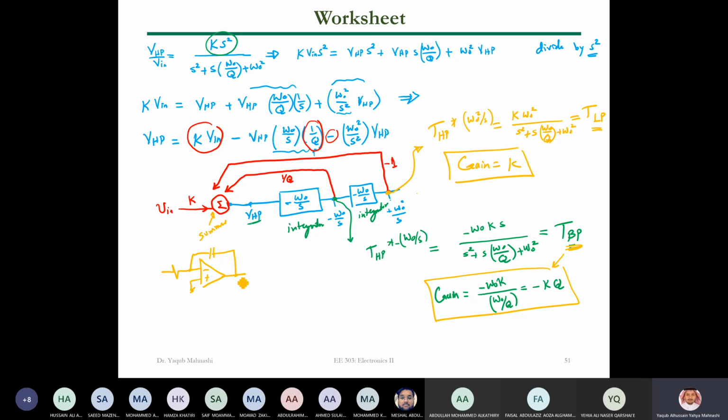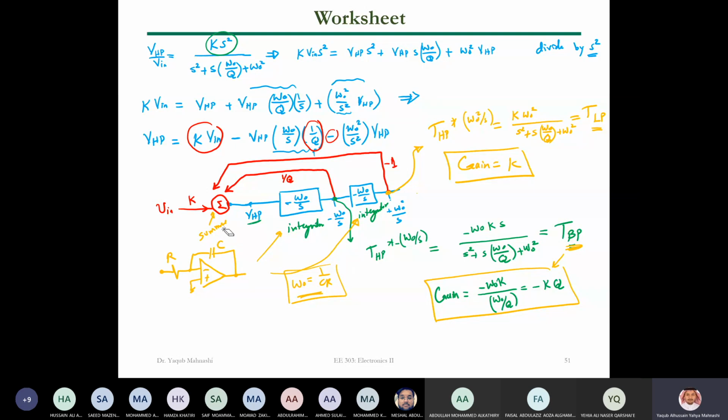And this is CR. If you are applying this in the integrator, this is one and this is second, and you want to use CR for your omega, so omega naught will be 1 over CR here. And this is how we implement it in the op-amp. You can analyze it, by the way, but that's fine.